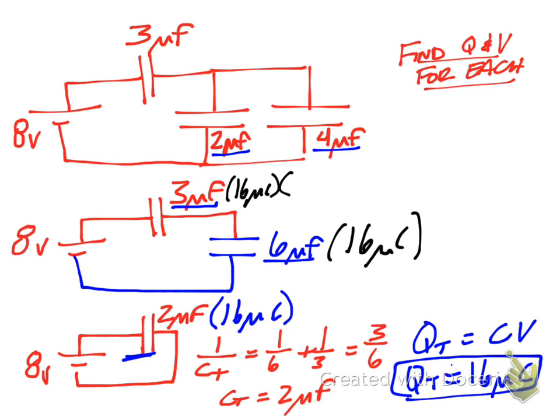And for each of these we're going to calculate the voltage. And if we remember, voltage is equal to Q over C. So this side is going to be 16 over 3 volts. And this side is going to be 16 over 6 volts, or 8/3 and 16/3.